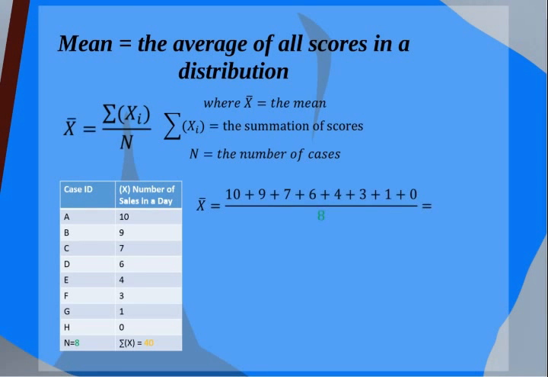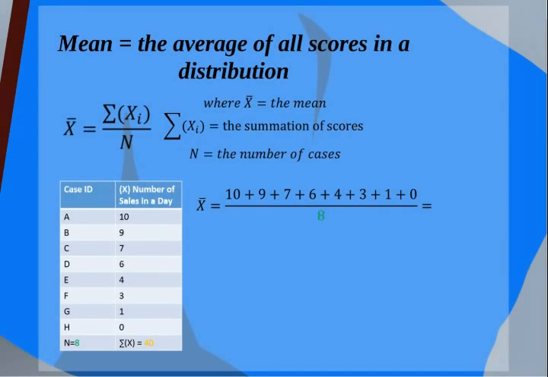And so what we want to do here is take all of the scores, all of the x's, and sum them up, right? That's what that little sigma is, to sum up all of the scores. Then the denominator here is an 8, and the 8 is the sample size, which is our n, right?